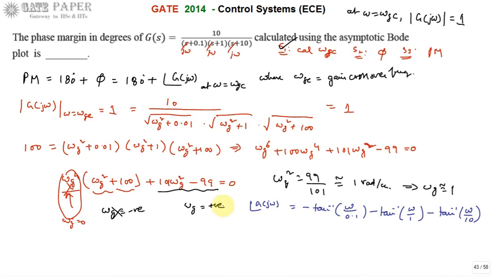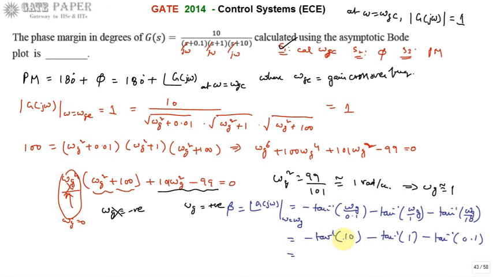Omega has to be replaced to calculate phi. We know phi is G(j omega) with omega replaced with omega g, and the omega g value is 1. So this will be minus tan inverse of 1 by 0.1, which is 10, minus tan inverse of 1 by 1, which is 1, minus tan inverse of 1 by 10, which is 0.1.